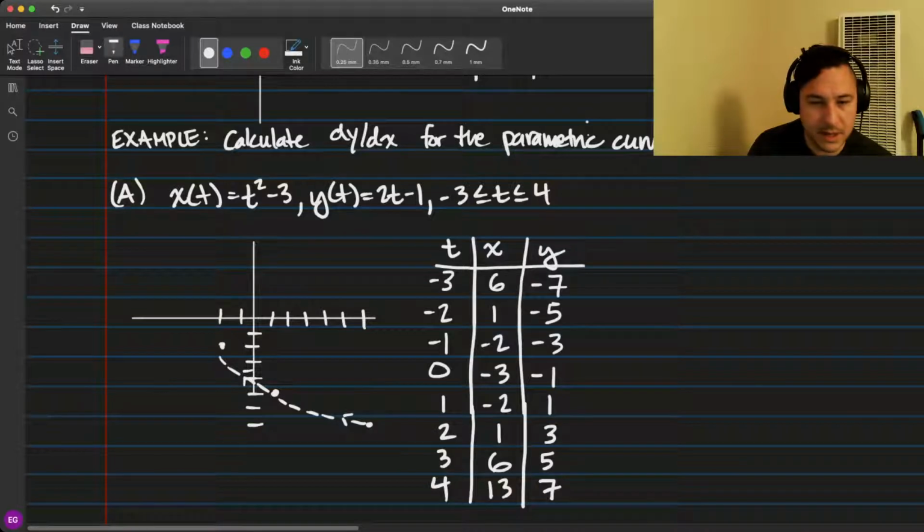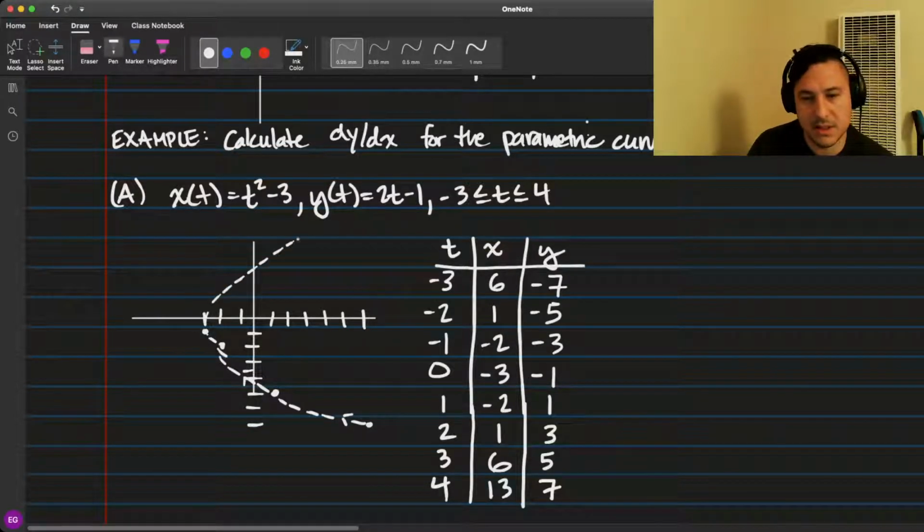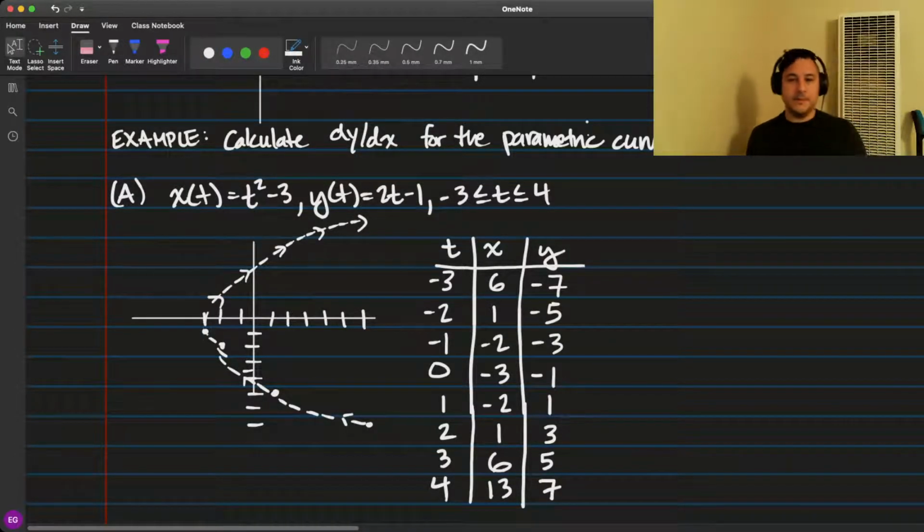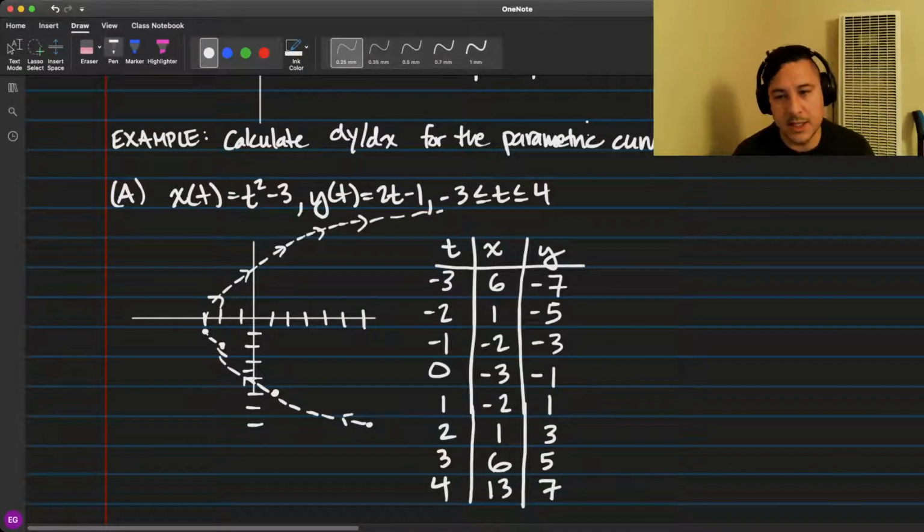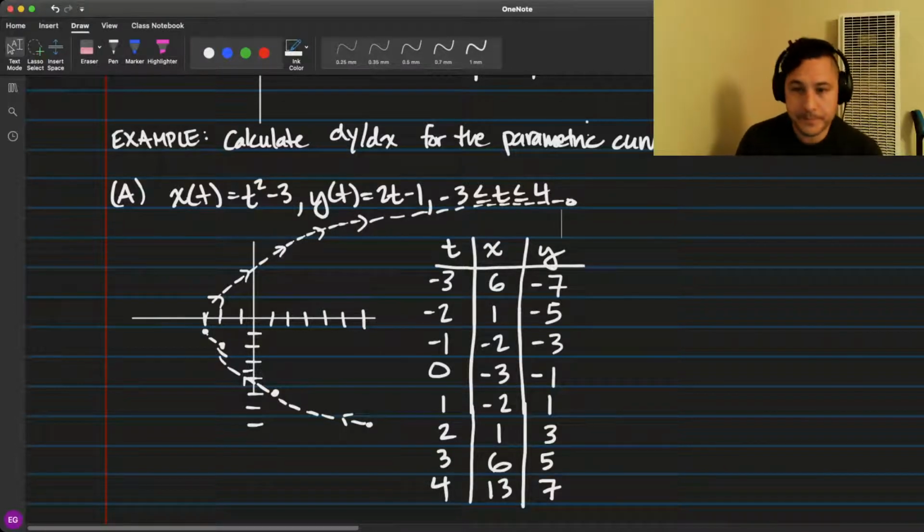Okay, negative 3, negative 1. That's right here. And then it keeps on going like this because you could see the parabola forming. Except it goes a little further, all the way out to 13, so it would keep going over to here somewhere.